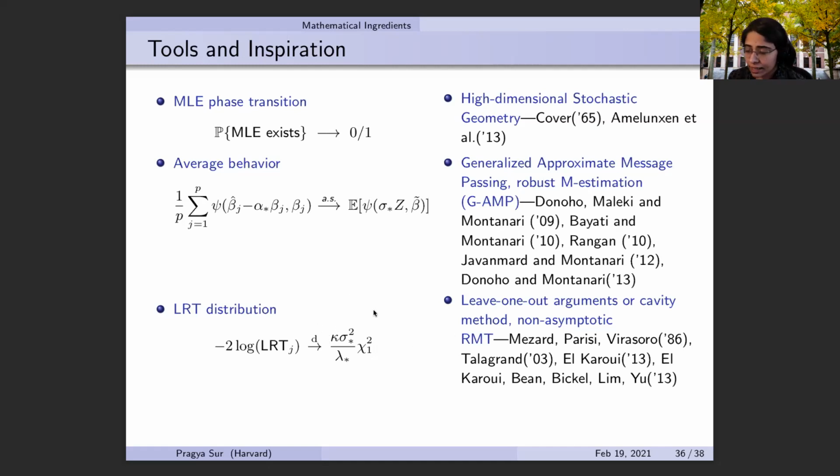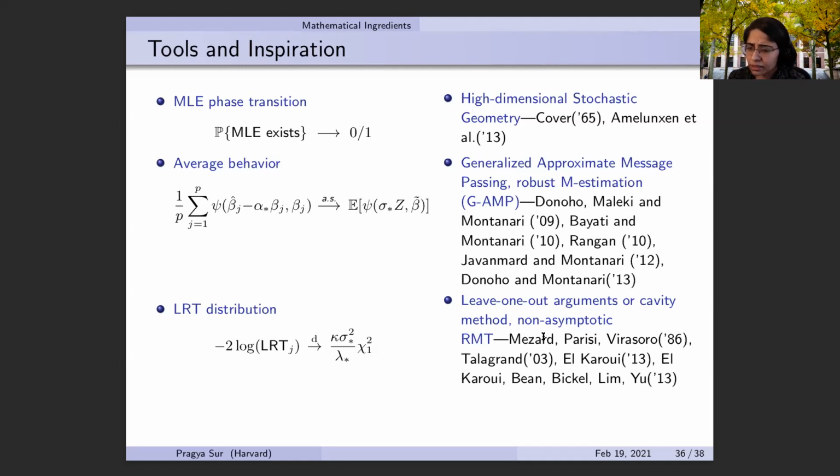And when we were looking at the LRT distribution, what I built upon is now known in statistics as leave-one-out arguments. In statistics, it was spearheaded by El Karoui and his collaborators starting in 2013. But this has a long history, and in statistical physics and probability theory, it is known as the cavity method. It started in '86, following the works of famous physicists, and then Michel Talagrand is a well-known probabilist who worked a lot in this area.